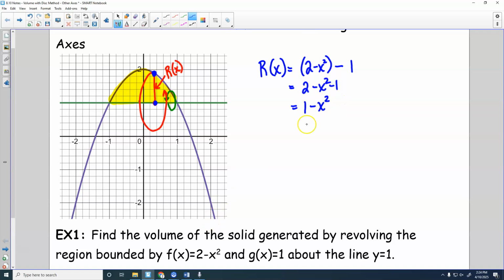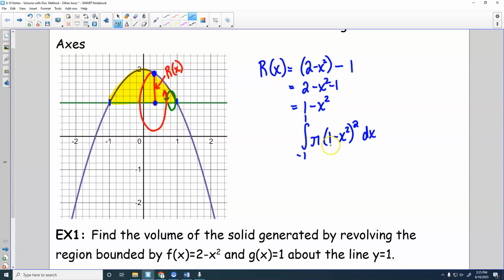So we are going to plug that into the equation of a circle. So we're going to have pi times (1 minus x squared) squared. We'll put a dx. We will write our integral. What should my limits be for this? -1 to 1, because those are my left and right intersection points for the region. Everybody okay here?